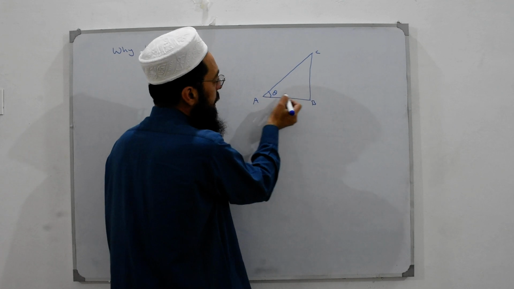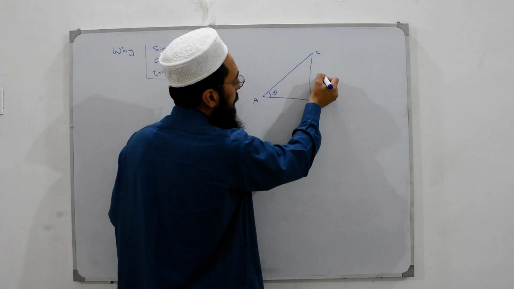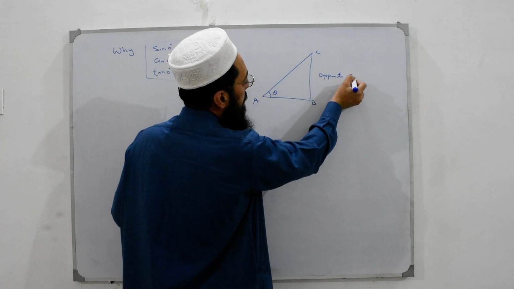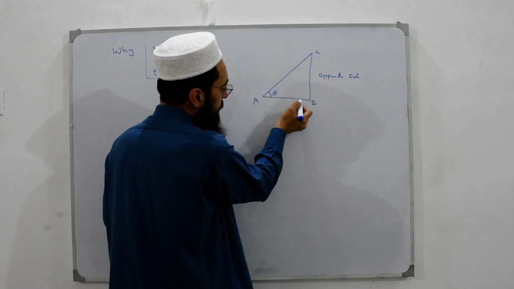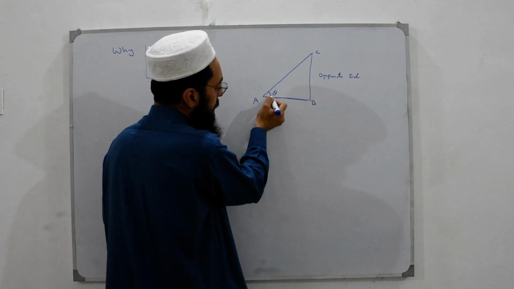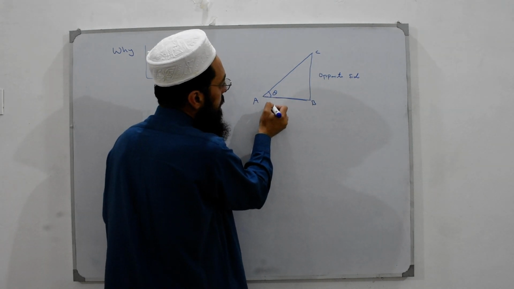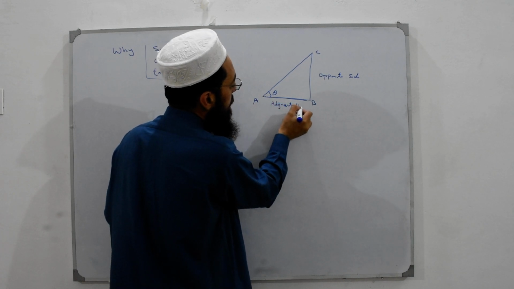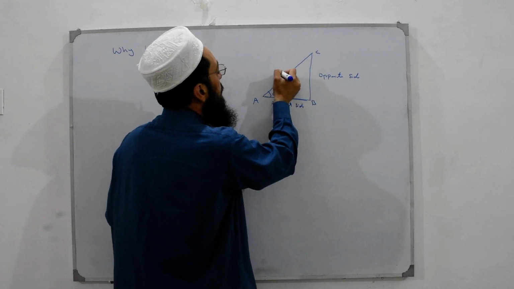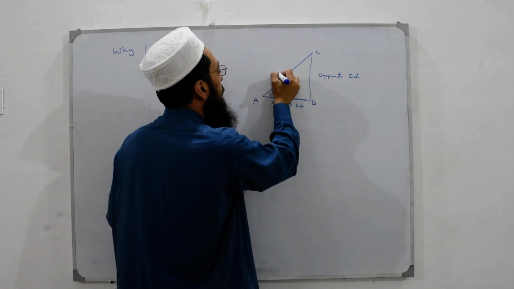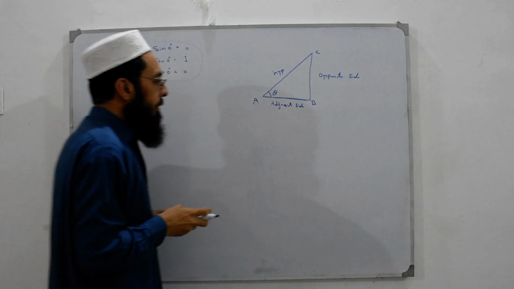Opposite side to angle theta is called the opposite side. Adjacent side of the triangle to angle theta is called the adjacent side, and this side, the longest side of the right angle triangle, is called the hypotenuse.